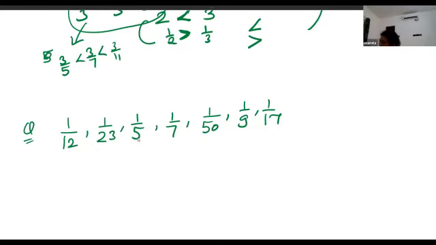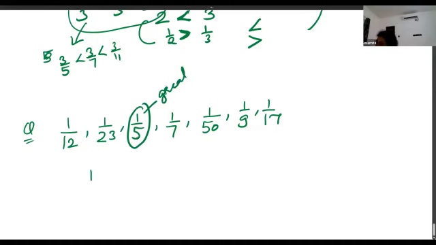So 1 by 5 would be the greatest. After 1 by 5, which is greater? When the numerators are equal, you can compare them by seeing the denominator, the lesser number.